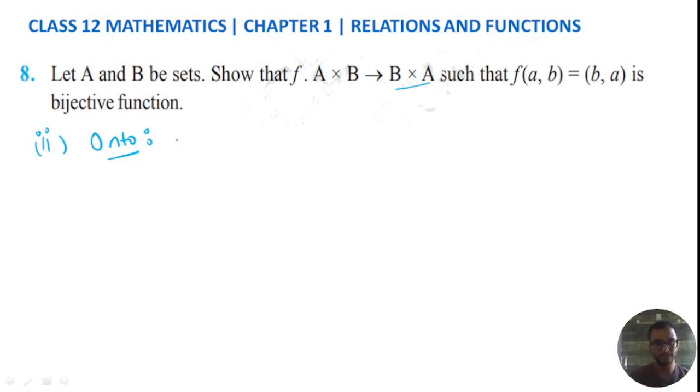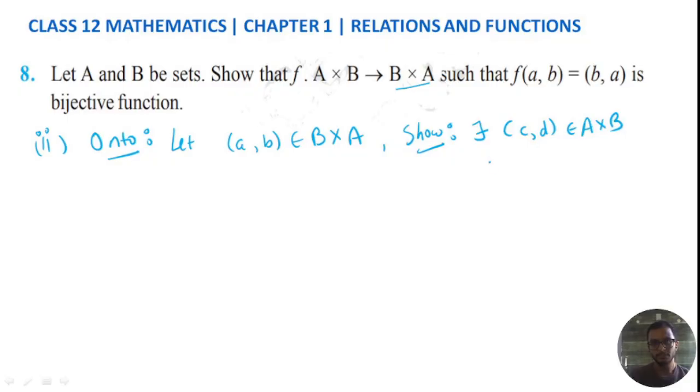In the sense, what I am trying to say is, if we take some element from the codomain, that is, let (A, B) belong to the codomain, that is B cross A, we need to show there exists some (C, D) belonging to the domain, that is A cross B, such that the image of that element (C, D) is the same as our element from the codomain, that is (A, B).